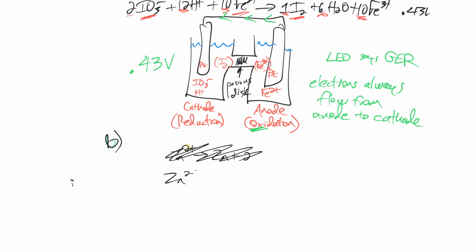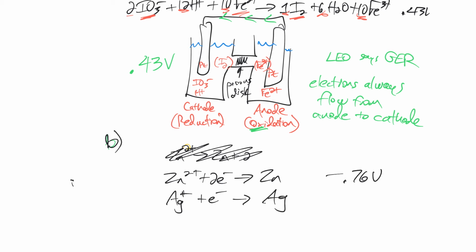Start that part again. From the table of standard reduction potentials, the zinc reaction looks like this. The silver reaction looks like this, with an associated voltage of 0.8.